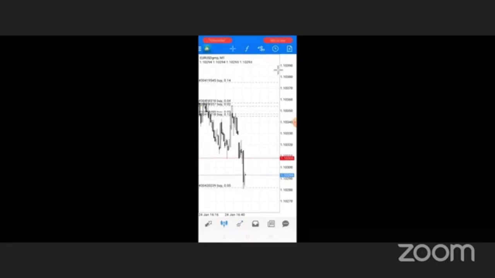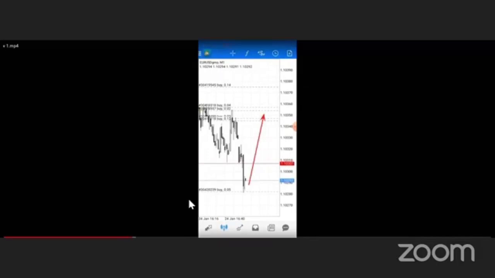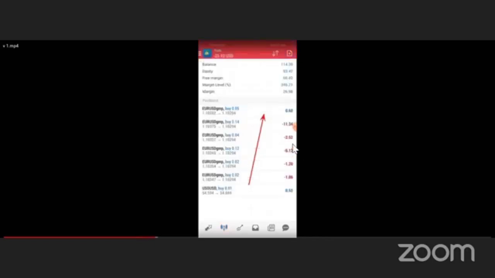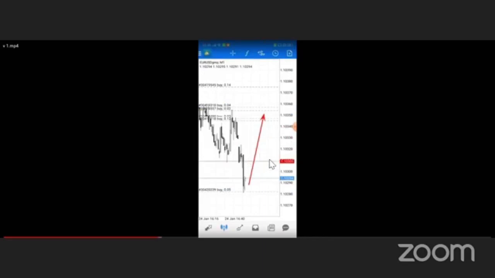Let's see that. Can you see any sign of rejection? Not at the moment, but look at the price movement. I entered 0.05 at the bottom. From here, the price will shoot up. I literally traded on the mobile, just flipping from the chart to the trade.